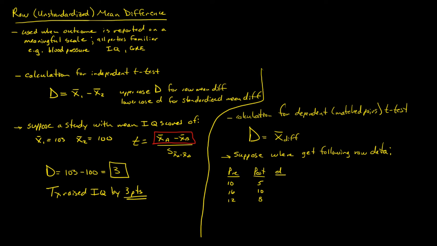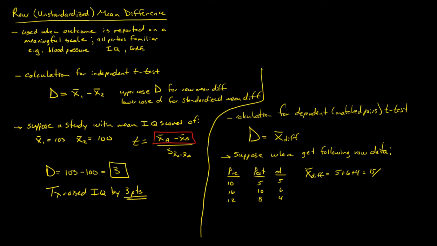So pre-test minus post-test. Here is going to be a difference score of 5. Here's a difference score of 6. Here's a difference score of 4. So what is the mean of the difference scores? This would be x bar diff equals 5 plus 6 plus 4 equals 15.